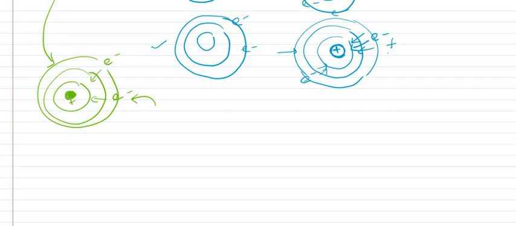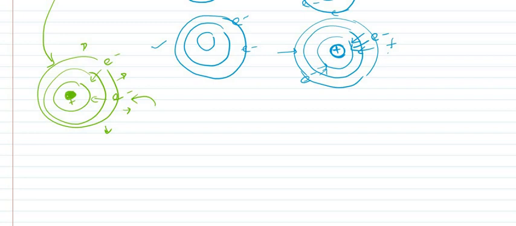For any negatively charged anion, the positive charge remains the same, but as the negative charge increases, the pull per electron, or the effective nuclear charge, decreases. That's why the size will expand a little and increase.